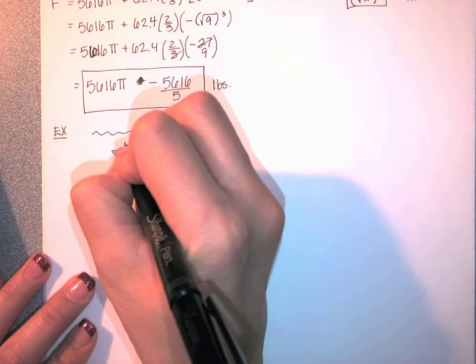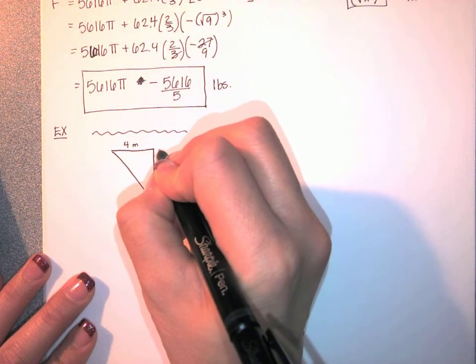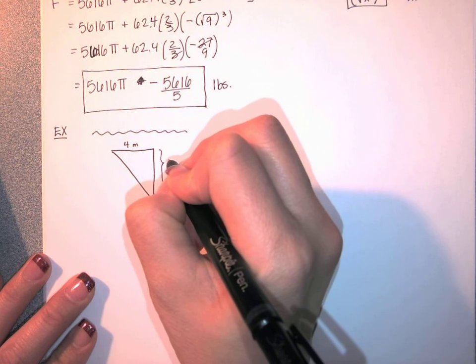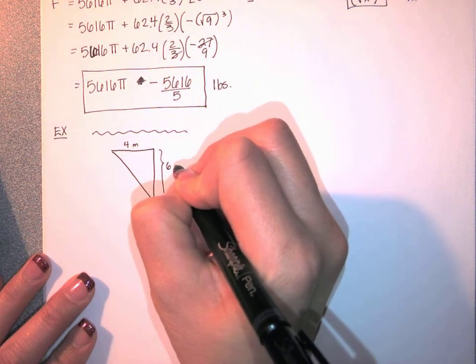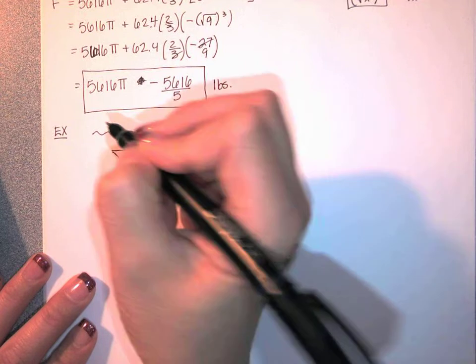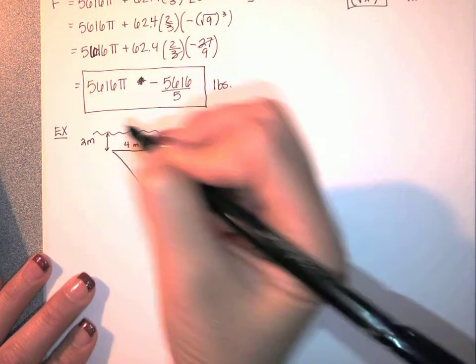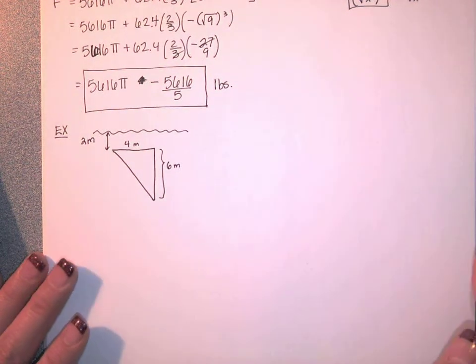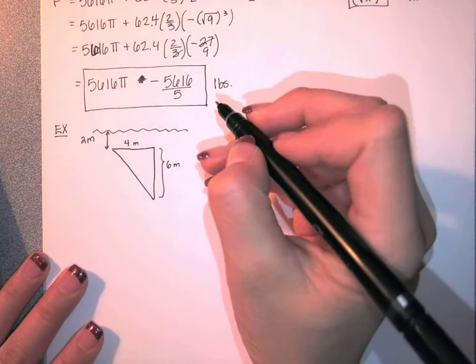And maybe this is 4 meters across, and this is, let's say, 6 meters. And that is 2 meters. And let's say we're underwater again, but of course we could change. It doesn't necessarily have to be water.